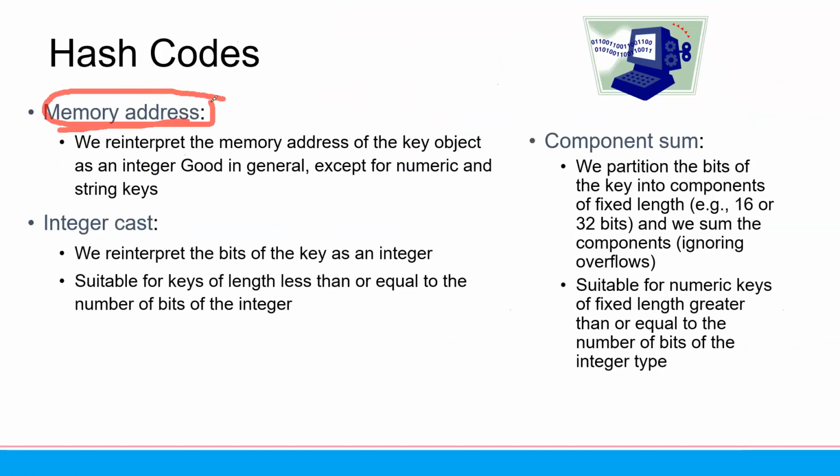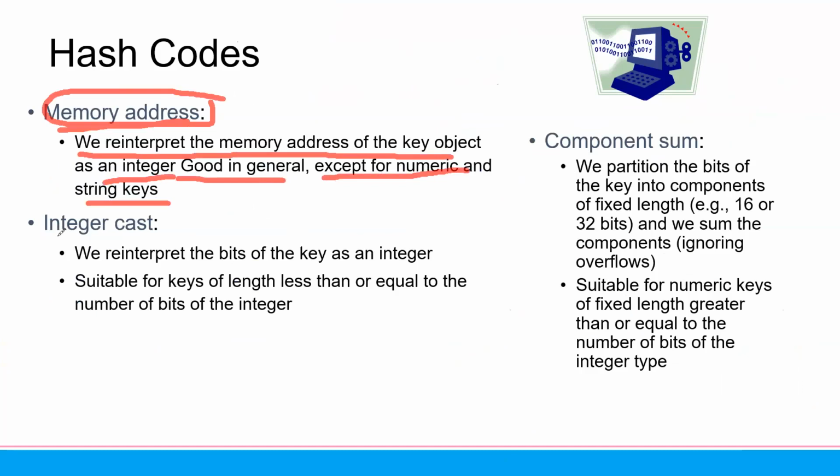Whenever you create an object in your computer, the object will be saved into a memory address. The memory address will have some kind of values, and the values will contain text. So we can reinterpret the memory address of the key object as an integer. It is good in general, except for numeric and string keys.